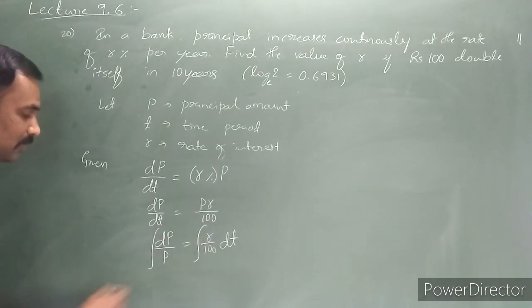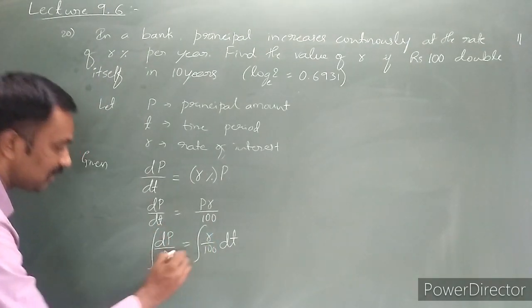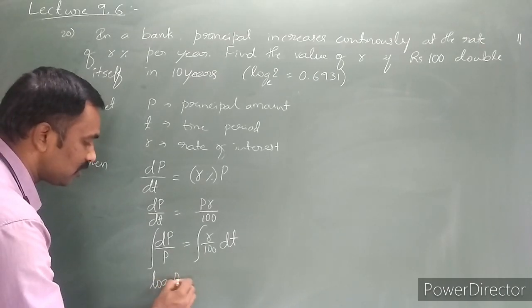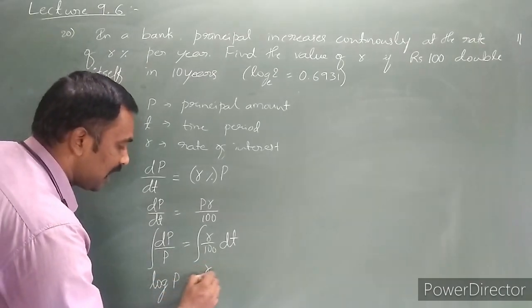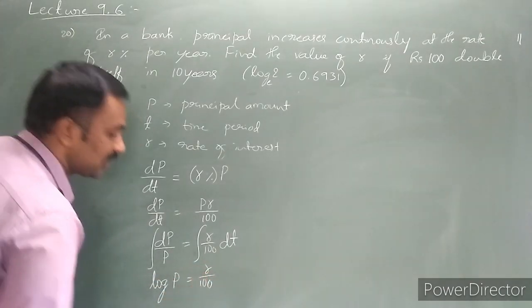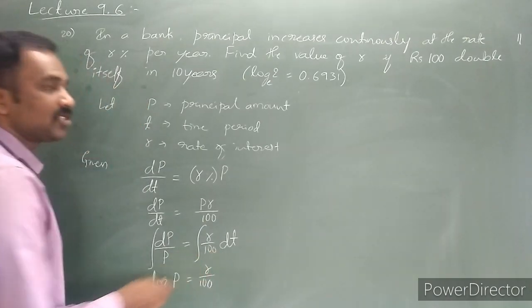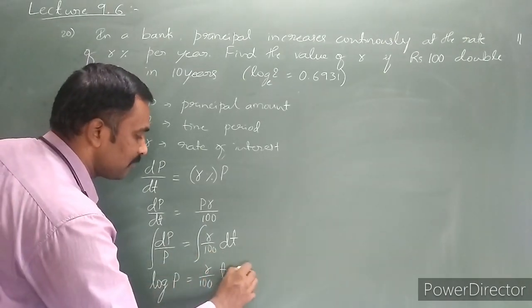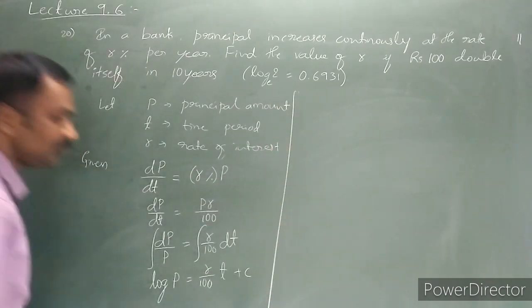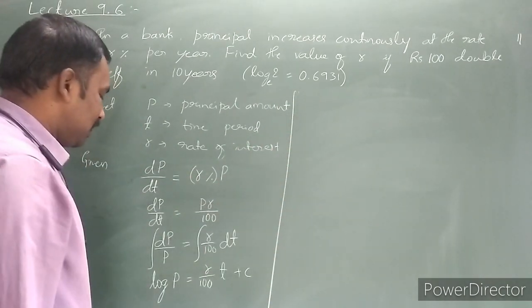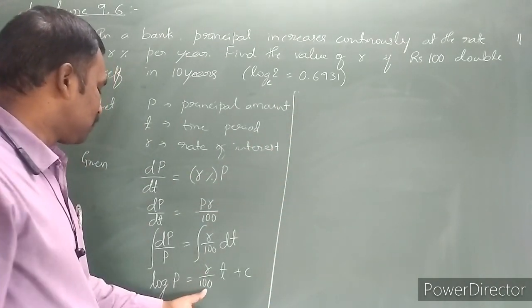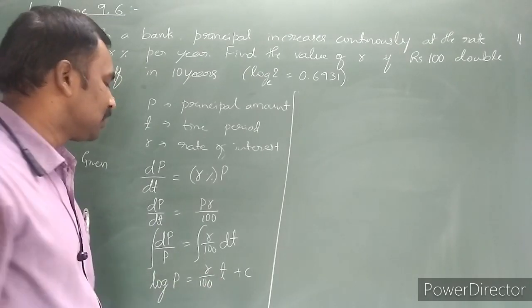So the integration of 1 by P with respect to P is log P, equal to r by 100, which is a coefficient, a real number, so keep it as it is. The integration of 1 with respect to t is t plus c. Are you clear? Now let's continue. Log P is equal to rt divided by 100 plus c.